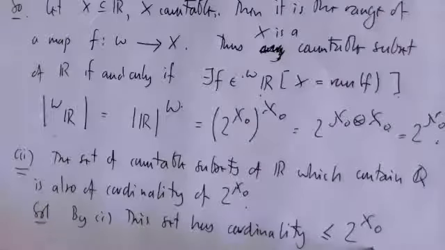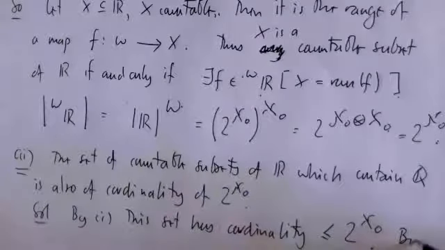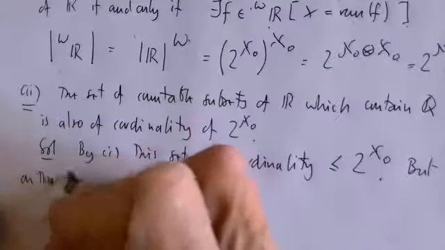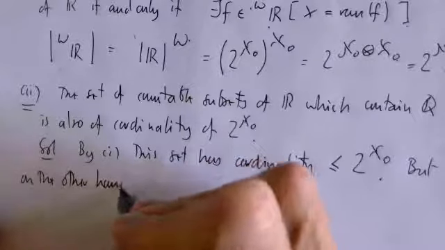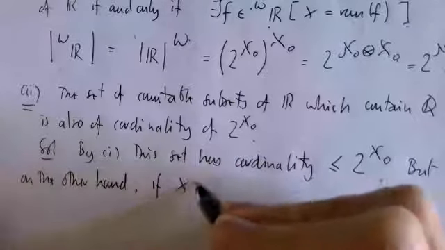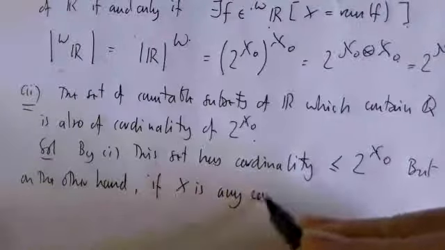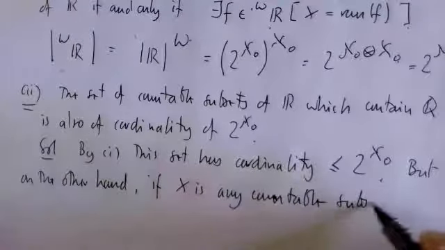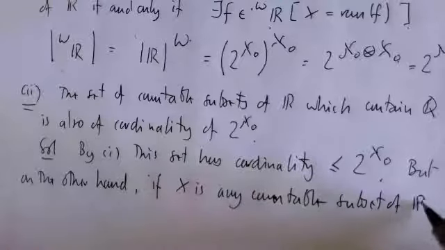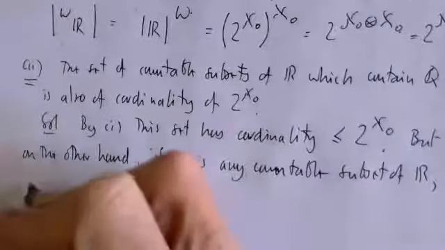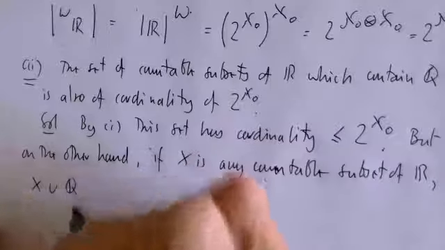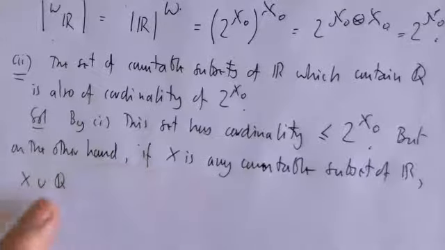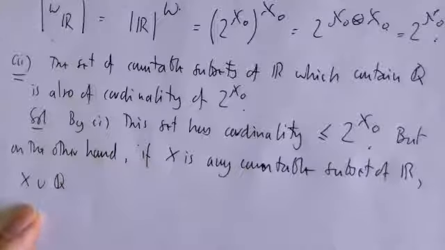But on the other hand, it's no smaller than this. If X is any countable subset of R, X union Q is also a countable subset. So even if X didn't contain all of Q, this one does.